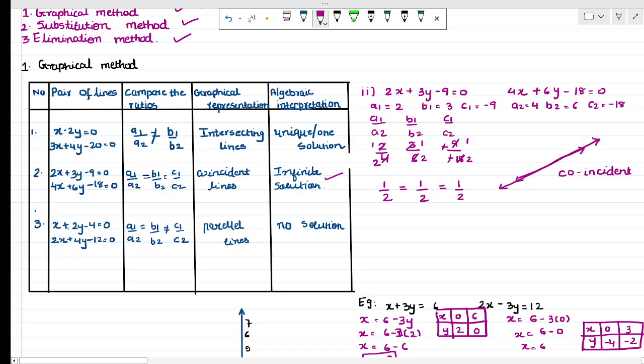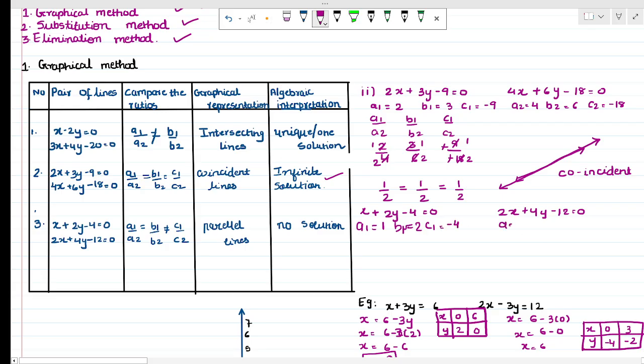The next graph says the third equation is x plus 2y minus 4 equals 0, and 2x plus 4y minus 12 equals 0. So now follow the same steps. First of all, write A1 is 1, B1 is equal to 2, C1 is equal to minus 4.